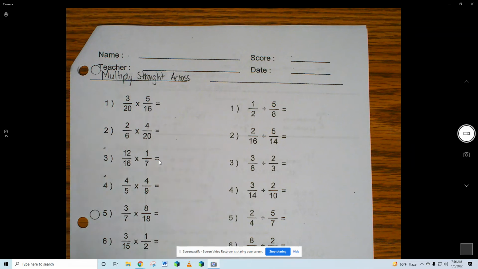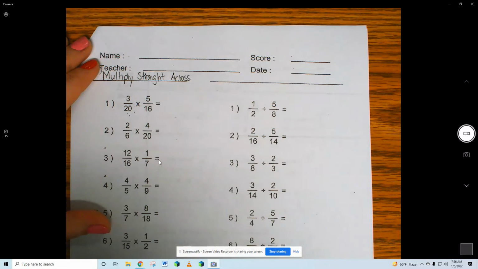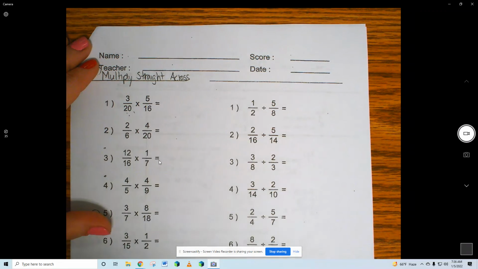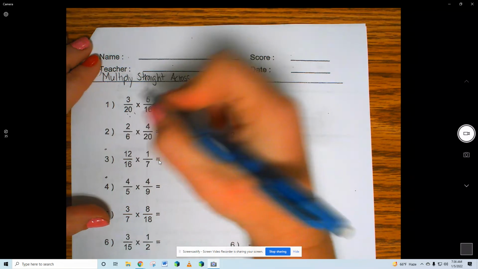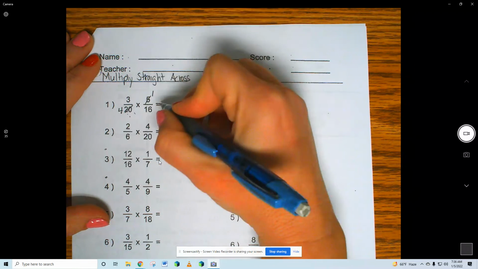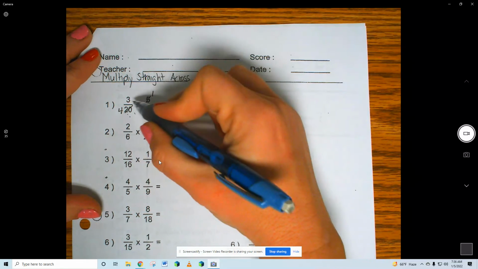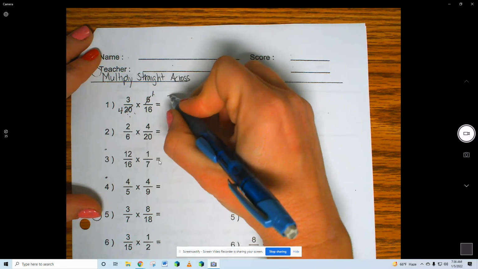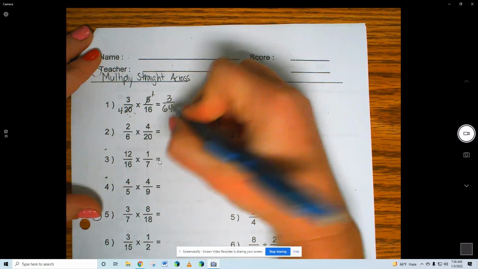Like 5 and 20 can cross cancel, so I can do that. It would make my life easier because I don't want to do 20 times 16. So 5 and 20. 5 goes into itself once. 5 goes into 20 4 times. Now it's okay for me to multiply straight across. 3 times 1, 3. 4 times 16, 64.